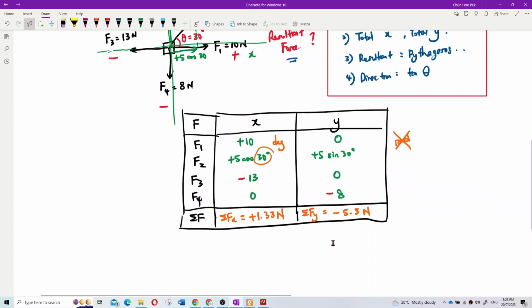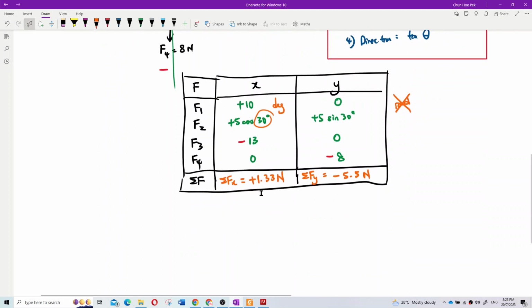From this total x, total y, we can know the direction of the resultant already. For the x component, it is going to the right because it is positive. And for the y component, it is negative, going downward. Positive, negative, isn't it?